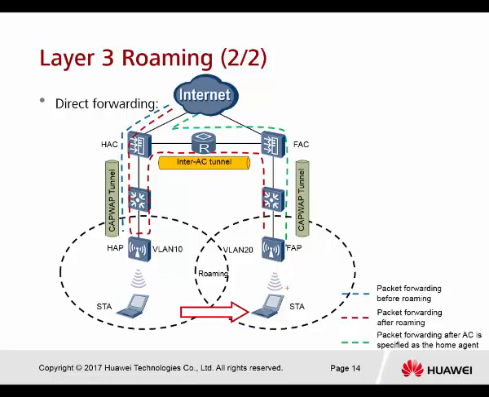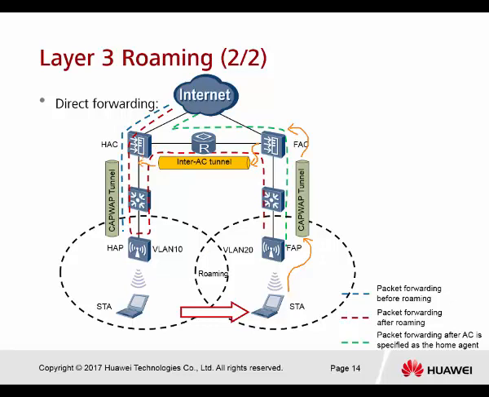So now my packet will use the CAPWAP tunnel here. Even though this is direct forwarding, because direct forwarding requires the PC to go back to the AP, I need to use the CAPWAP tunnel on the FAC here. I borrow the inter-AC tunnel and come back to my network. So they have to do that.